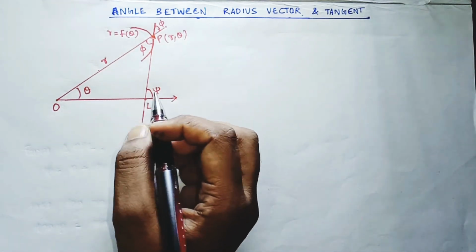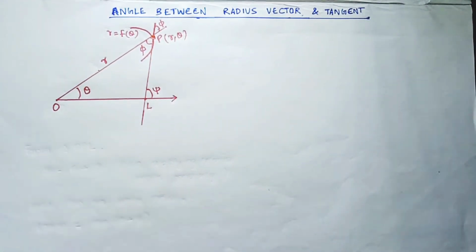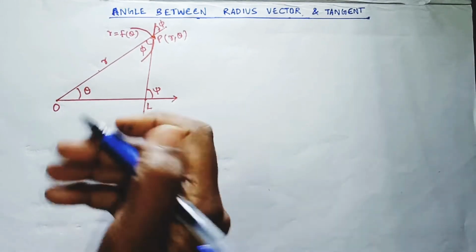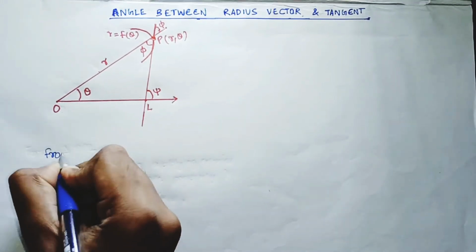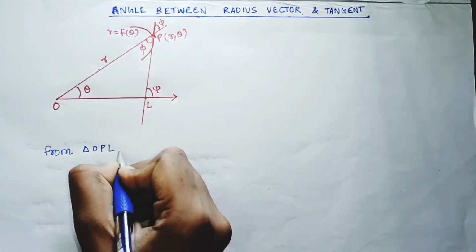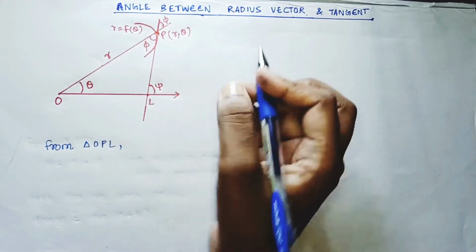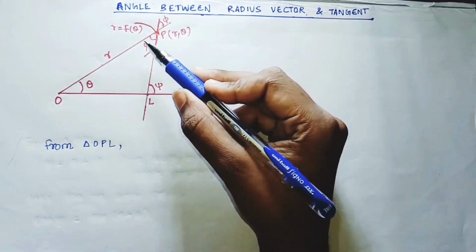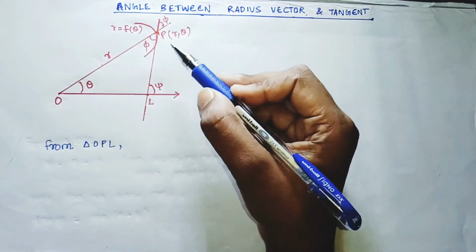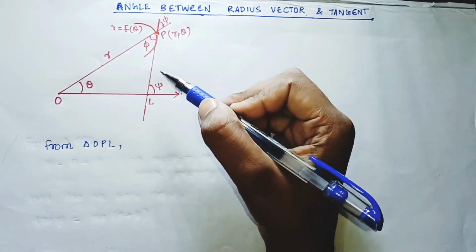So we'll take the triangle OPL. From triangle OPL, we have to form an expression between the angles. In this triangle we can apply the exterior angle property.